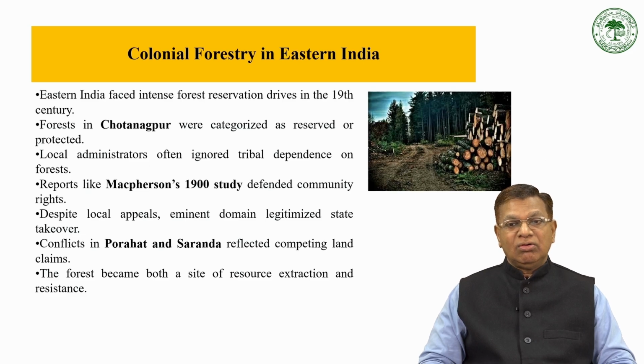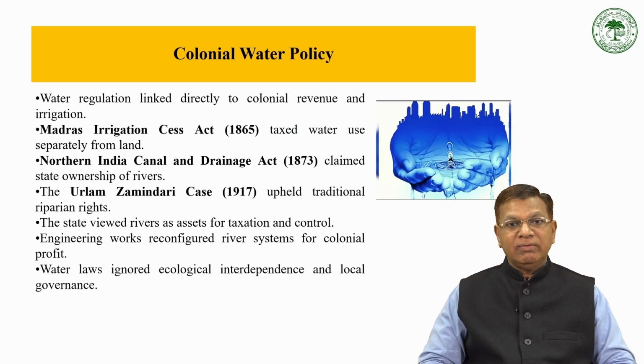Despite the novel findings and recommendations of the Macpherson report, the local people's legitimate entitlement, particularly in the area of Jharkhand, Porahat and Saranda, reflected the competing claims of the people and the state, resulting in stifling the rights of the tribal people. Colonial forestry in East India became a site of resource extraction as well as the resistance of the people.